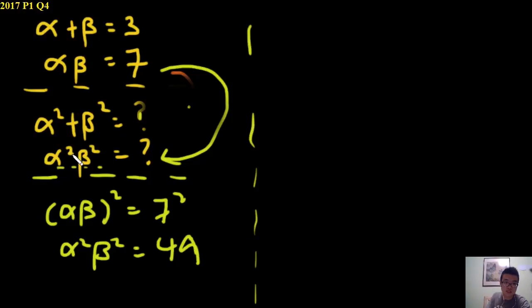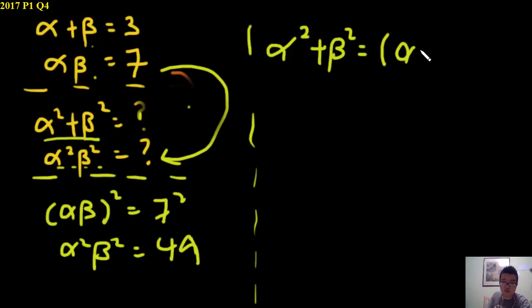On the other hand, the sum of roots will actually be more challenging to find from these two equations itself. What you're very familiar with is alpha plus beta squared. Actually, this is done by a bit of memory work. So I'm just going to do a quick shortcut here.